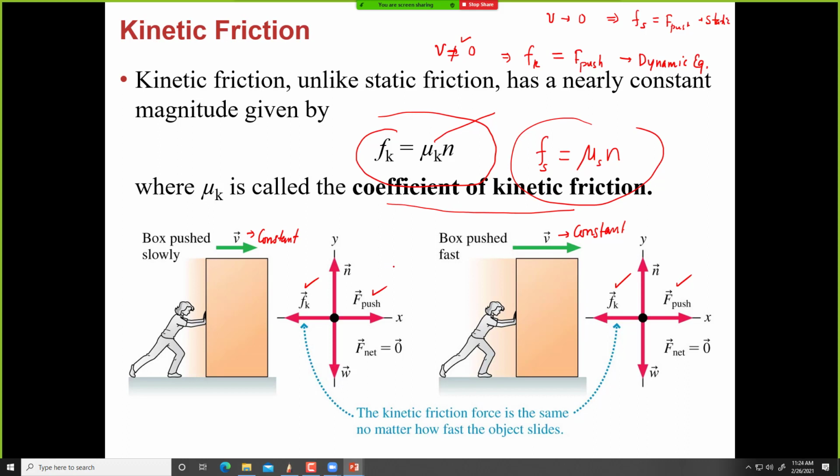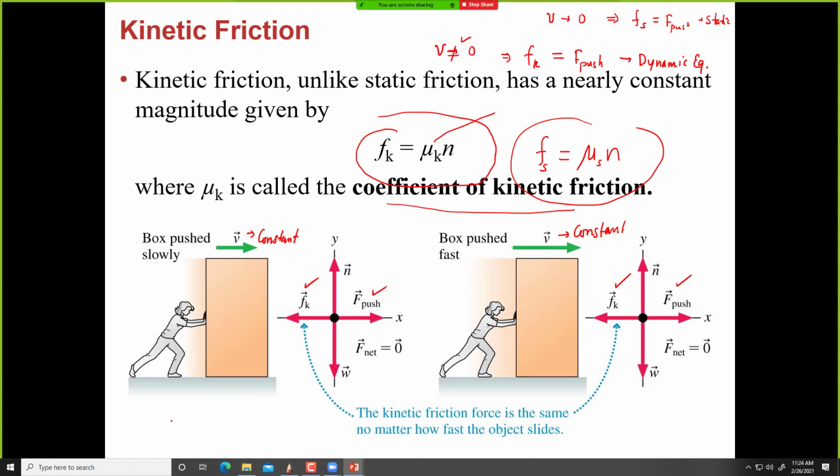Now there's a third kind of case where we call it non-equilibrium. Non-equilibrium is when the two forces are not equal. So you will see one force is longer than the other. In that case, we'll have an acceleration.